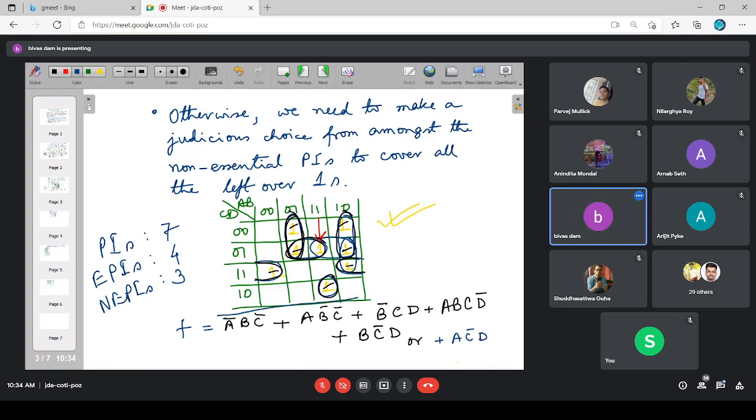One is this, and the other one is instead of this, you replace that by this. Okay? Is it clear? Yes, sir.